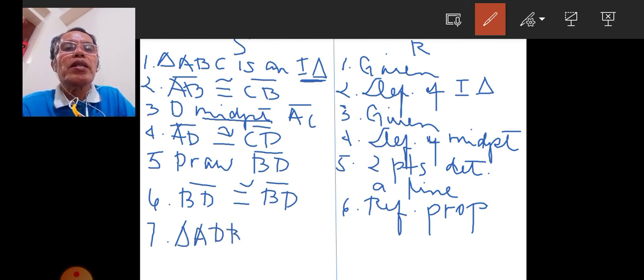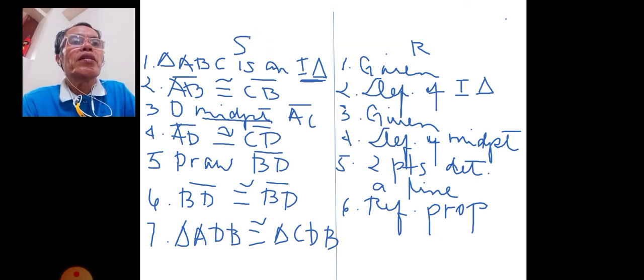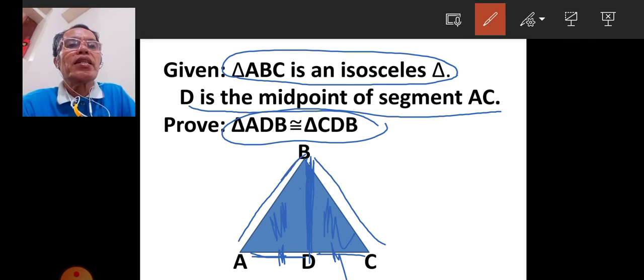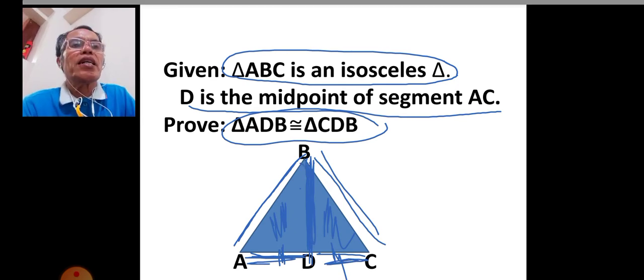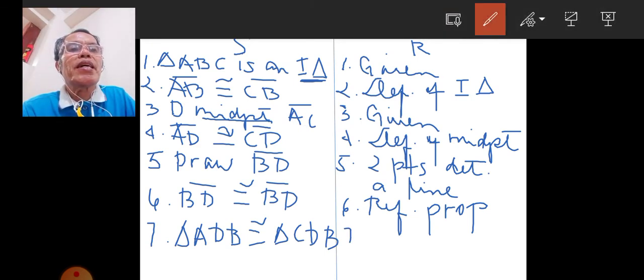And what would be our reason? Our reason must be this side is congruent to this side, and this side is congruent to this side, and this side is congruent to itself. So it is side, side, side. So that is number 7, reason is side, side, side postulate.